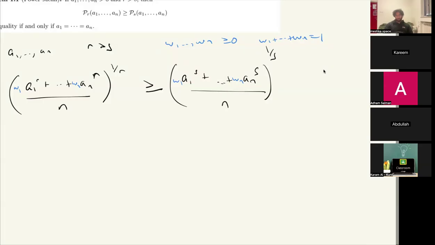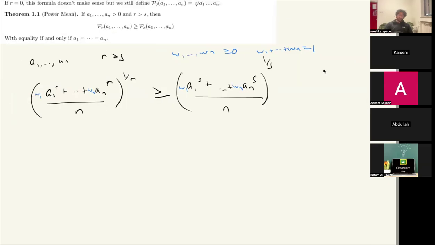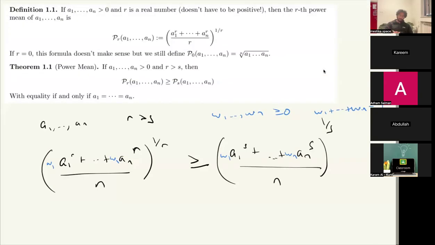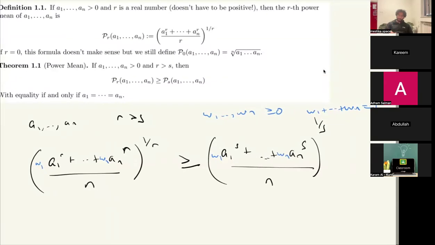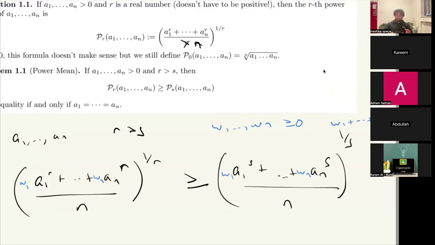Because the definition of this mean of the power mean. Oh, sorry. Okay, you're okay. So now you point out your point. There's actually a typo here. It should say N, not R. Actually I have the wrong thing written. It should be N. Thank you for mentioning. I didn't even notice that in my notes. So thanks, Karan. It should really be N.